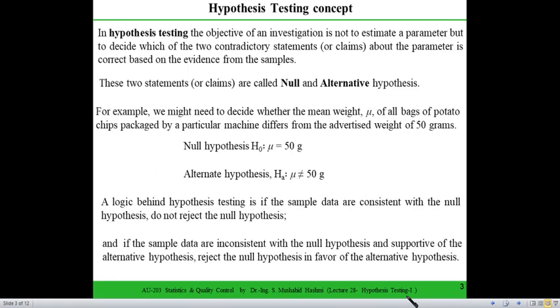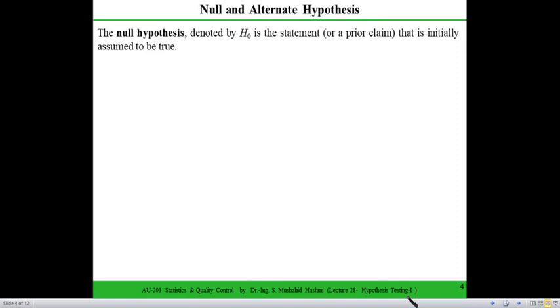So in hypothesis testing, if the data is consistent with the null hypothesis, we are not going to reject it. If the data is inconsistent, then we reject the null hypothesis and believe in the alternative hypothesis. This is the logic behind hypothesis testing.